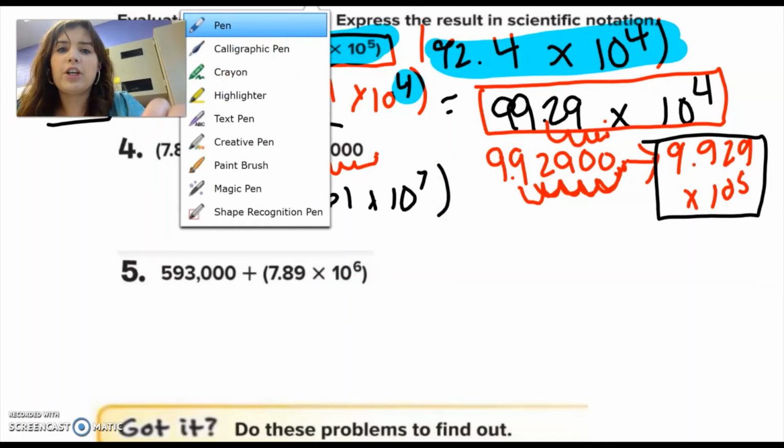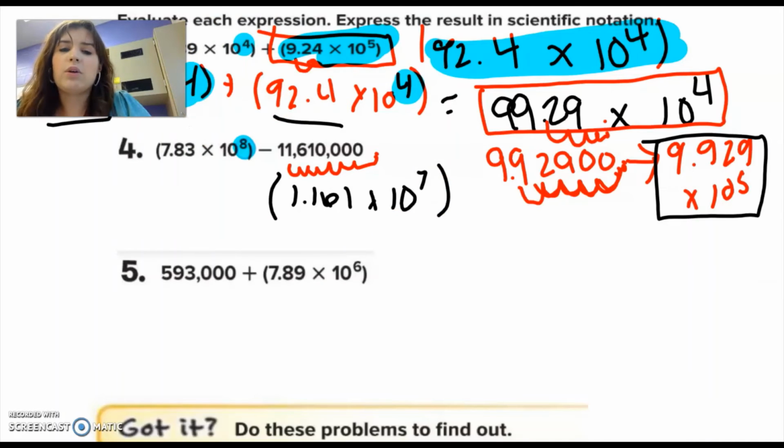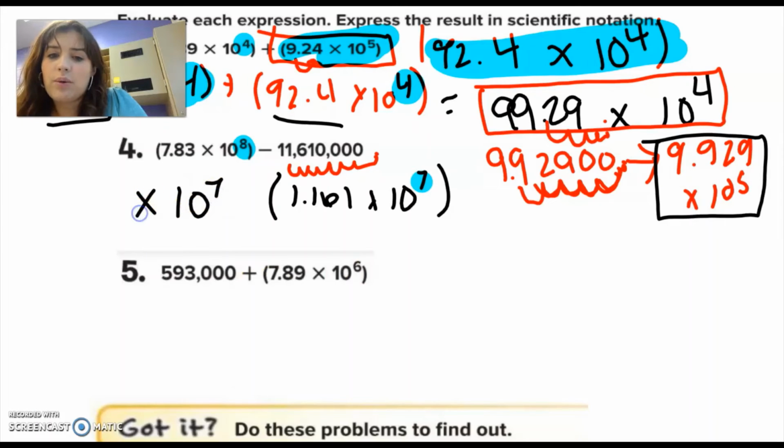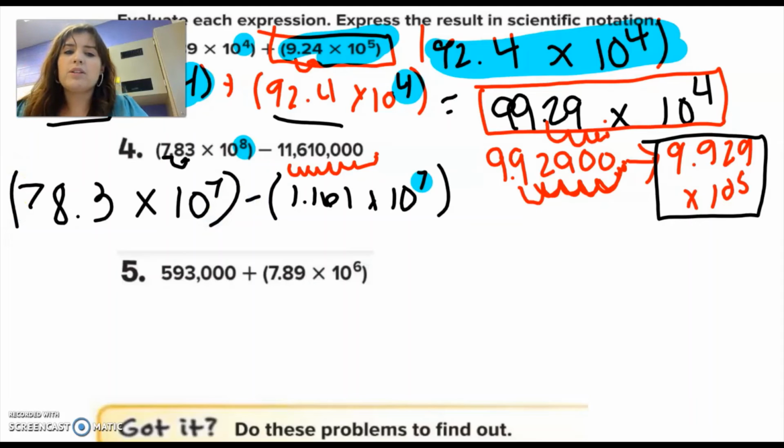Okay, now we check our exponents. One's to the 8th, one's to the 7th, we know we need to change it. I'm going to change our first number. If we change this to a 7, what we have to do is move this decimal to the right. So now we have 78.3 minus 1.161 times 10 to the 7th.